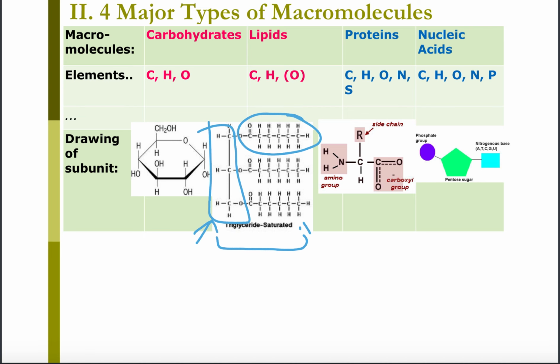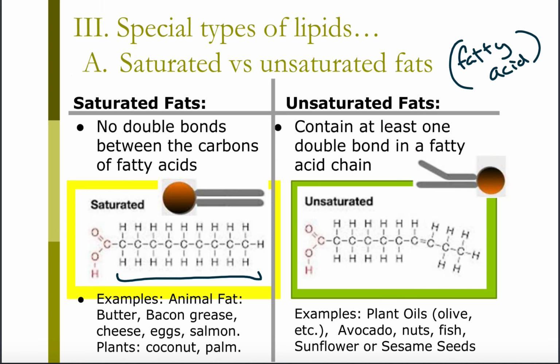So pointing at this corner over here. That chain can have no double bonds, ignoring the first O. As a result, there's no bend in the fatty acid, so they're more likely to pack really densely and create really solid fats.